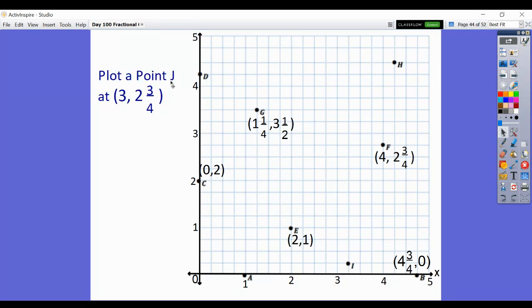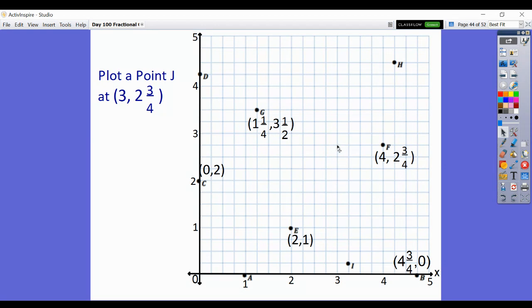Plot a point J at 3 and 2 3/4. Again, down the runway first, 3 and 2 3/4. 1, 2, and 3/4. Okay, that's 3, and then we've got to stay here. 2, 1, 2, 3.